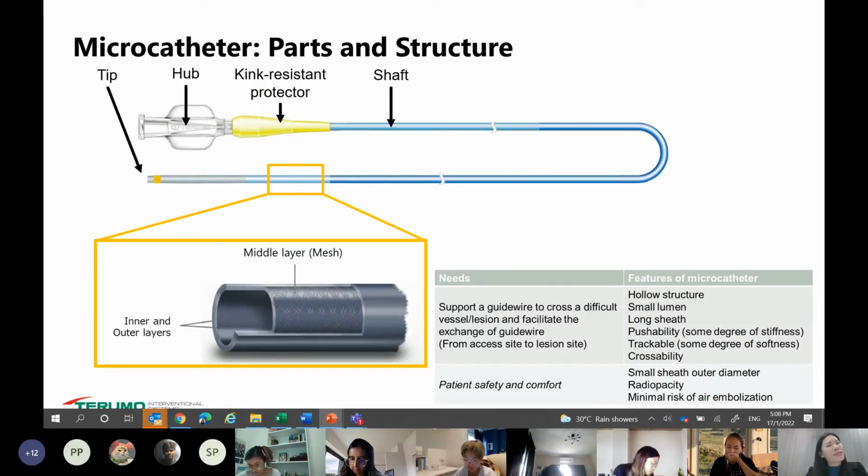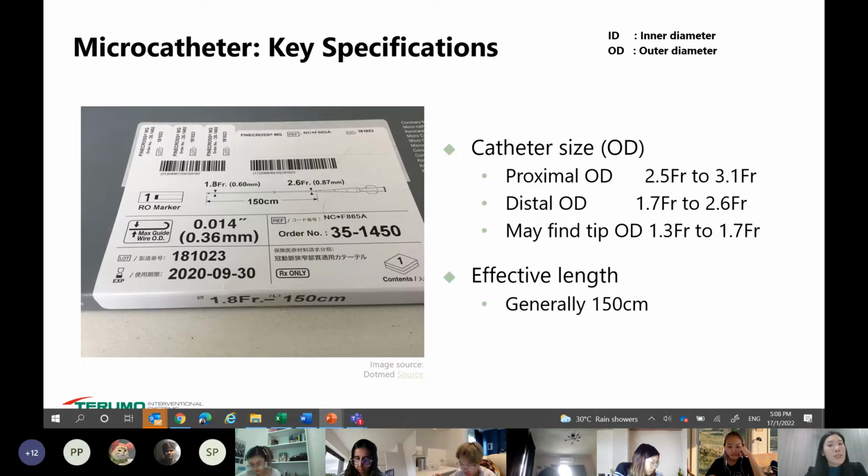A microcatheter looks exactly like any other catheters, your diagnostic catheter and your treatment catheter. So I don't need to elaborate on this. Key specifications: there's always going to be the catheter size, because this catheter has to go inside your guiding catheter, so it's very important to look at the outer diameter to see the compatibility with your other devices.